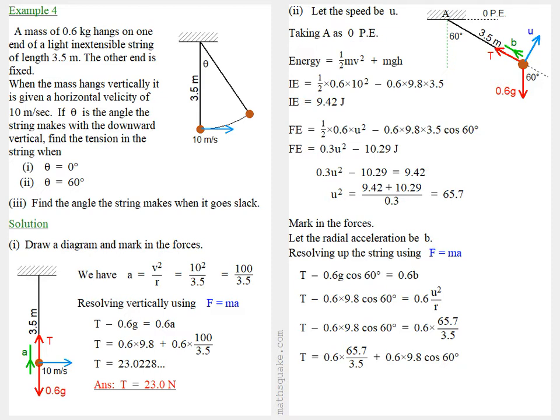So T is equal to 0.6 times 65.7 over 3.5 plus 0.6 times 9.8 cosine 60. And that works out to be T is 14.2028. So the answer is the tension is 14.2 newtons.